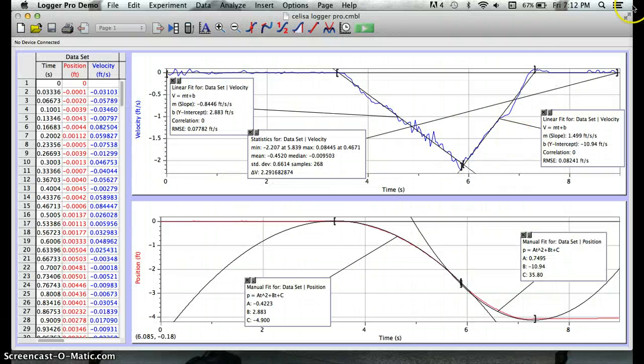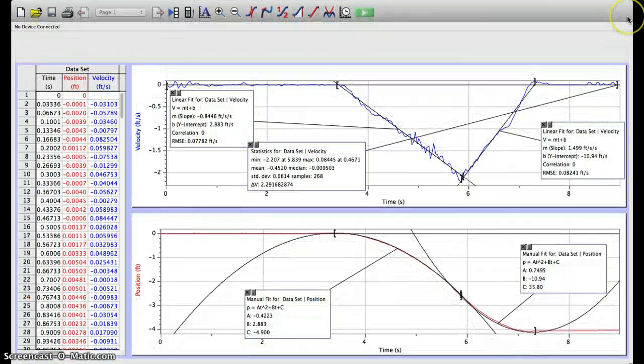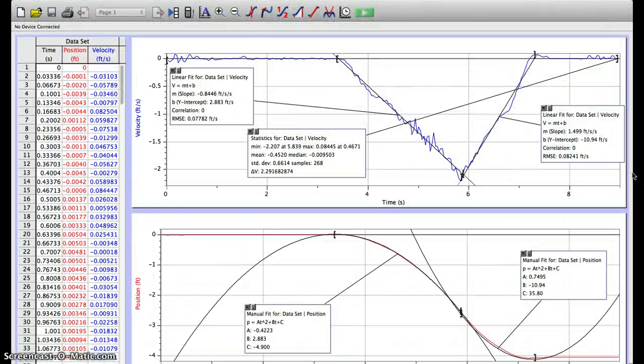Okay, next we have our position over time graph, which we found from the data from Tracker. Down here is the position-time graph, and as you see, we have a parabola. So we did a curve fit.